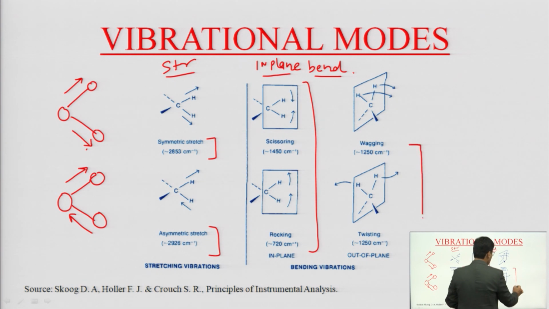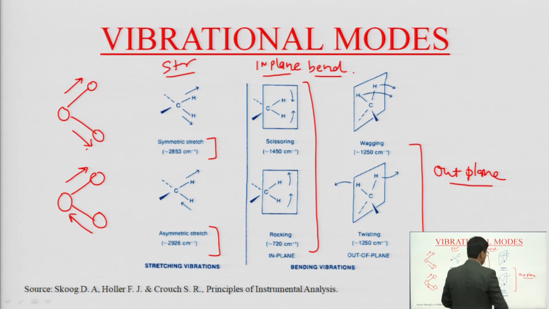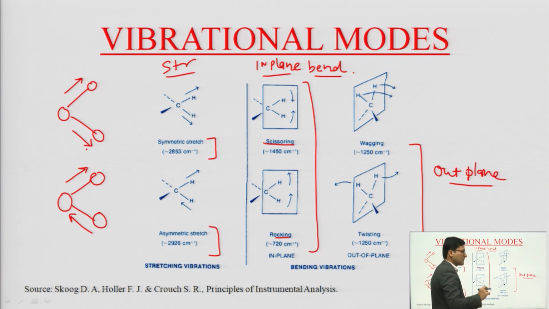whereas wagging and twisting are out-of-plane type. So, in case of a scissoring motion and the rocking motion, the axis and the plane do not change.